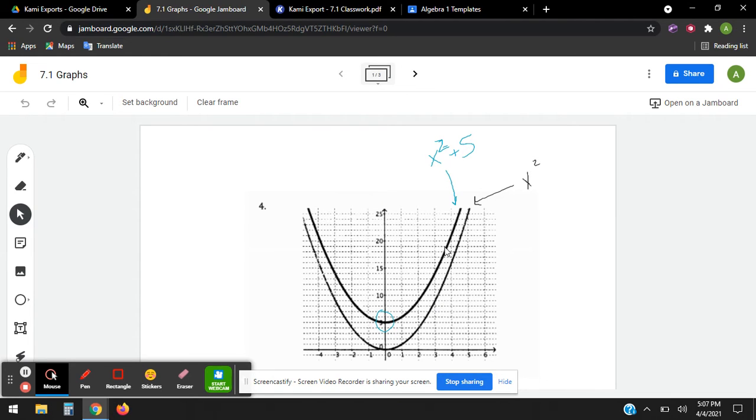Here is x squared plus 5. Notice how everything is just 1 squared plus 5, 2 squared plus 5, 3 squared plus 5. Everything is just 5 higher than the next one.